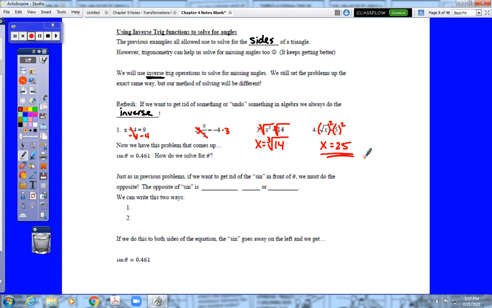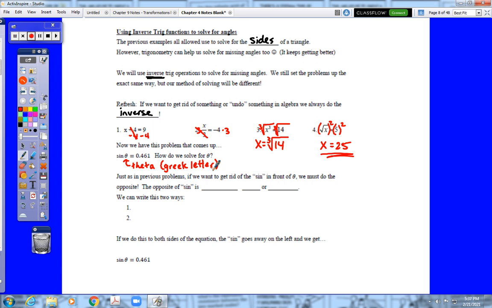So when it comes to sine, we need a way to solve for the angle. Now, if you're wondering, this is the Greek letter theta. It is common in higher mathematics for unknown angle values to be represented with Greek letters. It's just a variable.